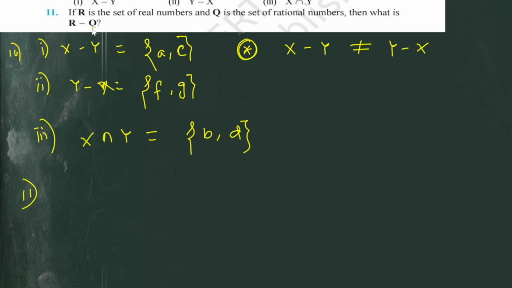Okay, next, question number 11. It says that if R is the set of real numbers and Q is the set of irrational numbers, then what is R minus Q? Okay. So R is what? Basically R is the combination or union of rational numbers and irrational numbers. So you can write R equals the rational number set union the irrational number set.